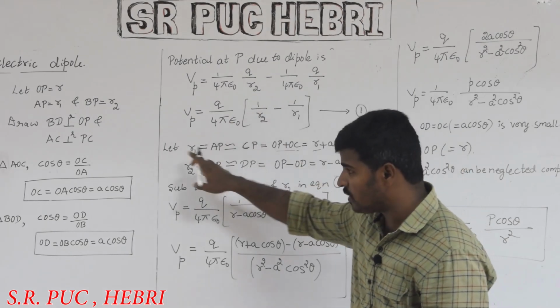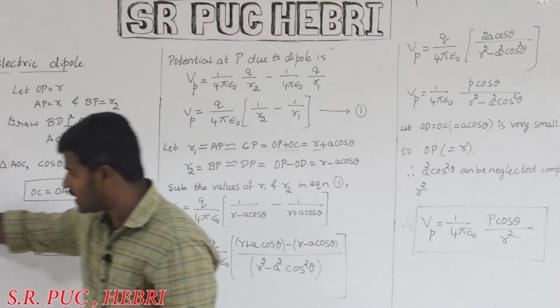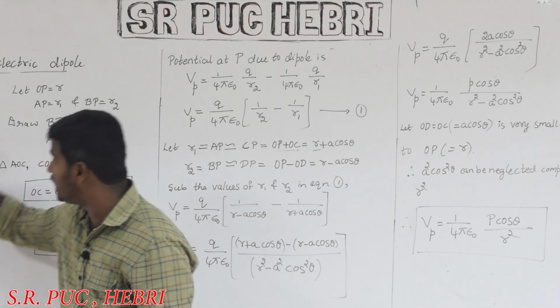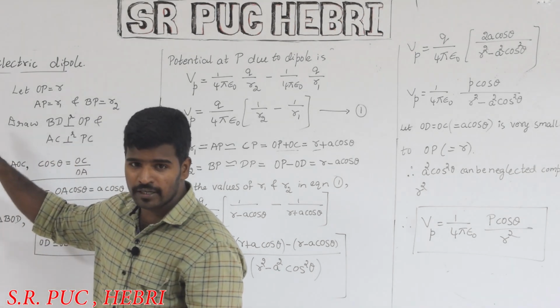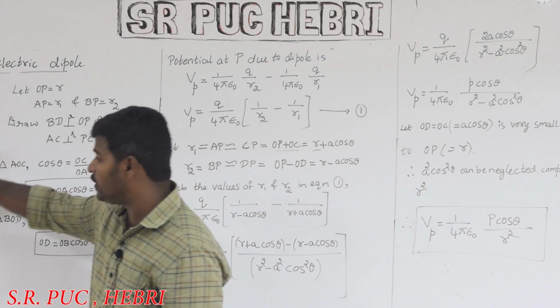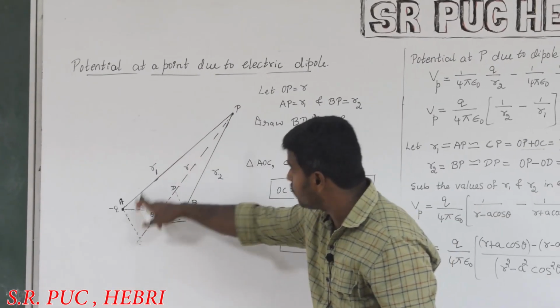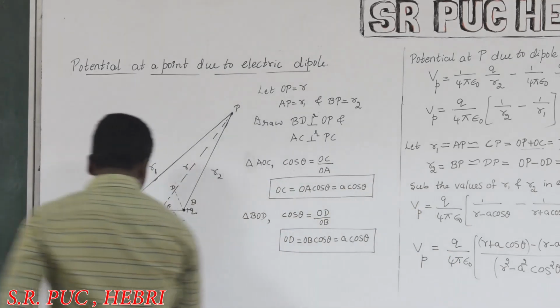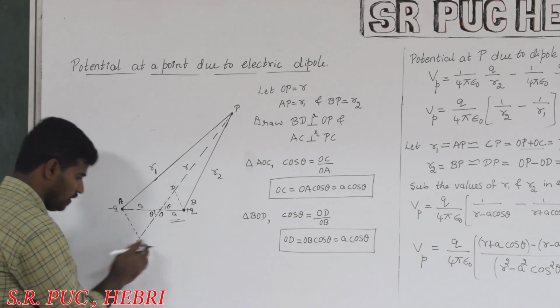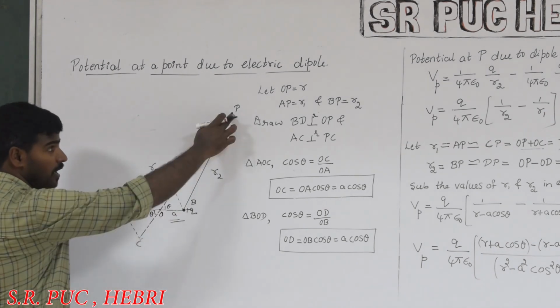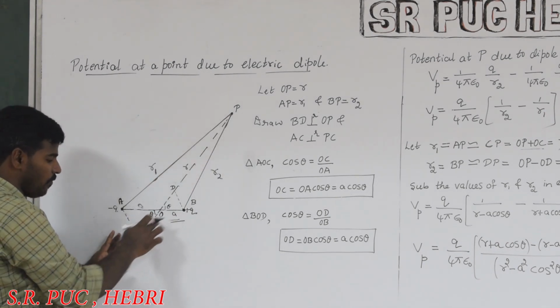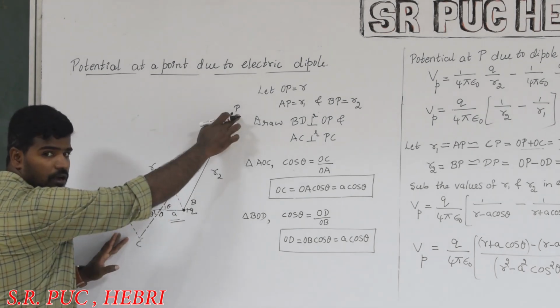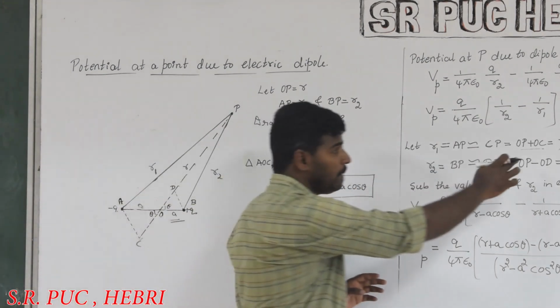Now the value of R1 is equal to the distance from the point A to P. That A to P line is the same as the distance from the point C to P. CP is the sum of the distance of OC plus OP, or that is also known as OP plus OC.